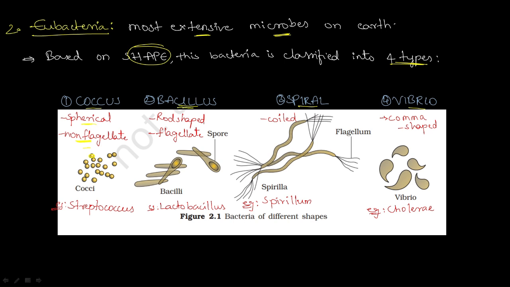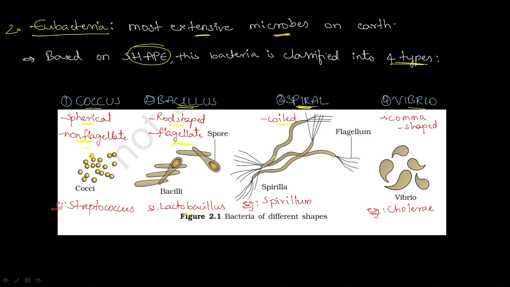Next, bacilli are rod-shaped bacteria. They are flagellate, which means they have flagella, and movement is shown by these bacilli. An example is lactobacillus. The third classification is spiral, which is coil-shaped bacteria.